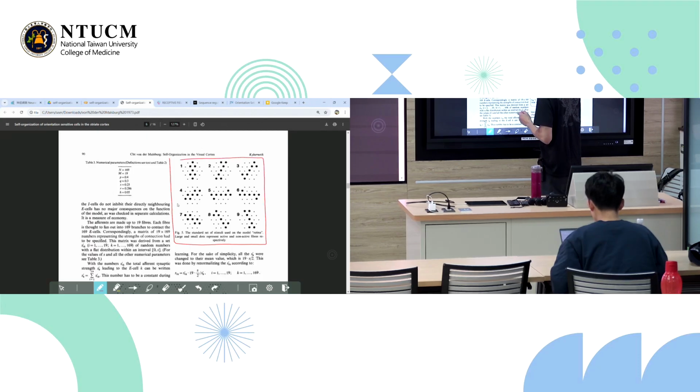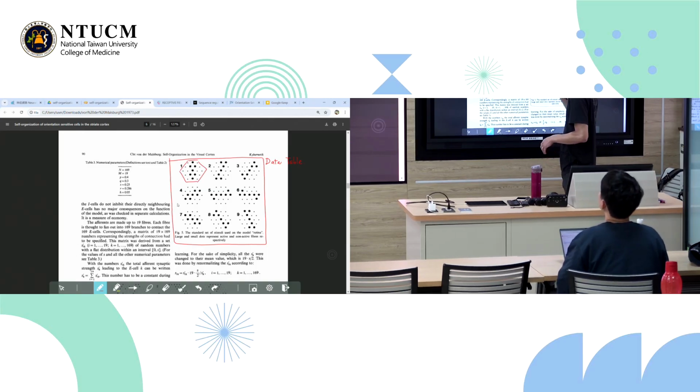This figure 5 here is actually the data table that we want to use, okay? And what are these? Let's focus on this one shape here.